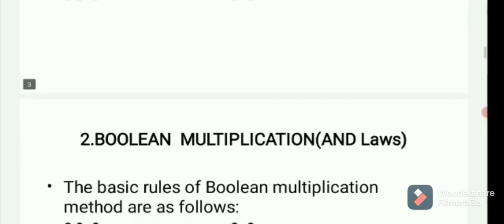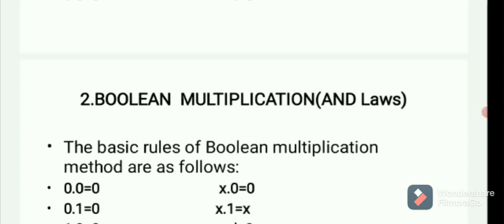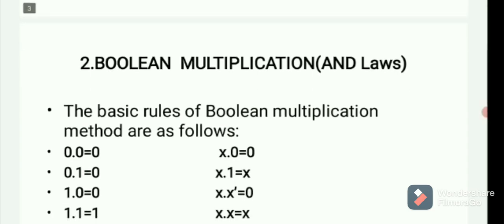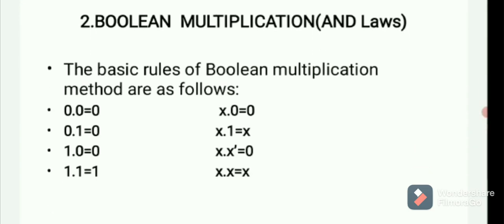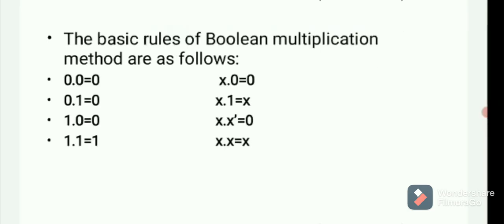Next, the Boolean multiplication or AND law. The Boolean multiplication method is the same as the truth table of the AND gate. 0 dot 0 equals 0, 0 dot 1 equals 0, 1 dot 0 equals 0, 1 dot 1 equals 1.